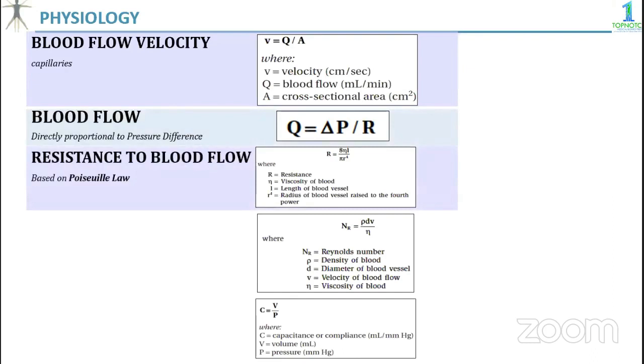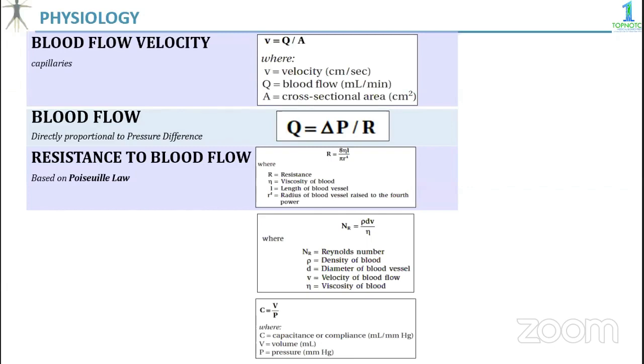So yun lang yung gusto kong i-emphasize for this types of formula, no? Yung mga fraction. Like for example, sa ating Poiseuille's law, sa ating resistance, your resistance will increase kapag tumaas lahat ng numerator mo. Kapag tumaas yung viscosity mo, kapag tumaas yung length ng blood vessel. However, kapag tumaas yung denominator mo, which is the radius, your resistance will actually decrease. Kasi pag tumaas yung radius ng blood vessel, mas lumuluwag yung lumen, no?